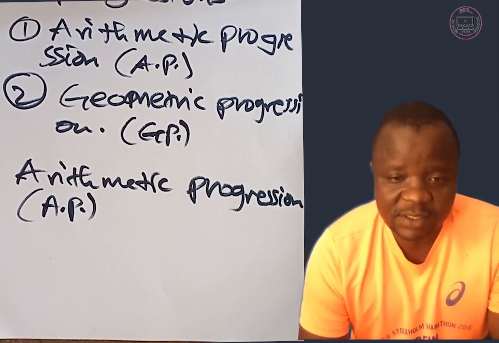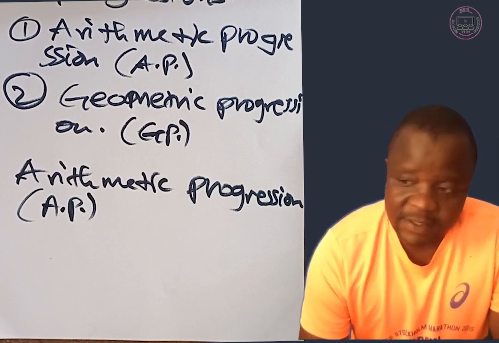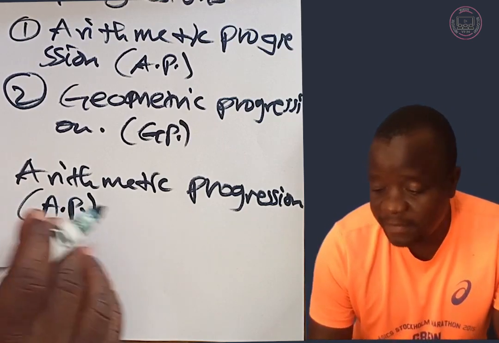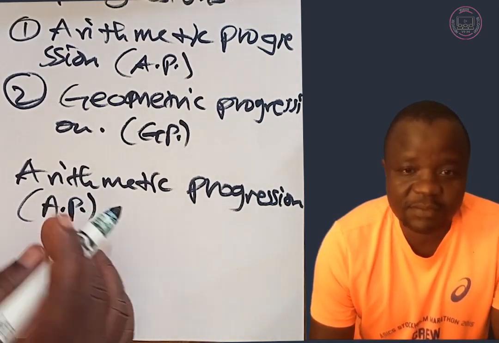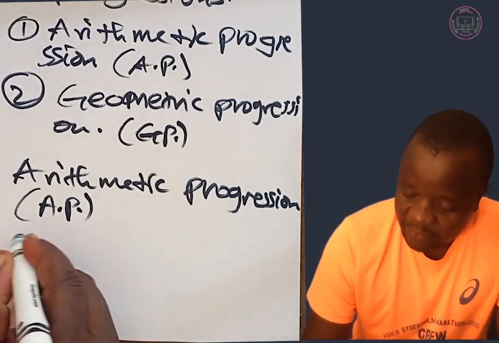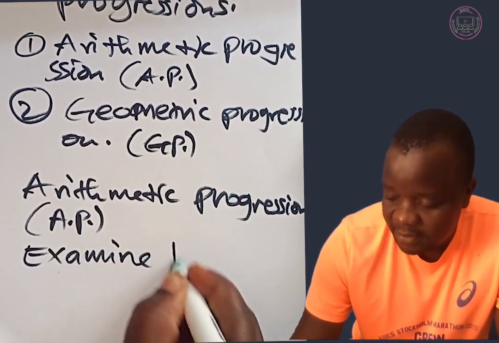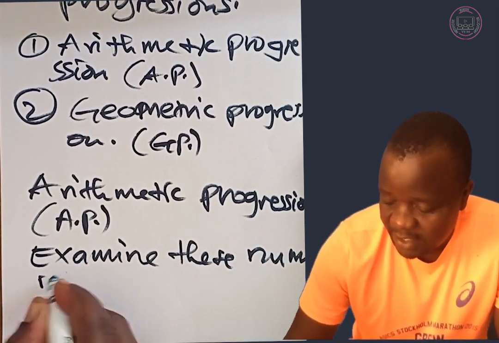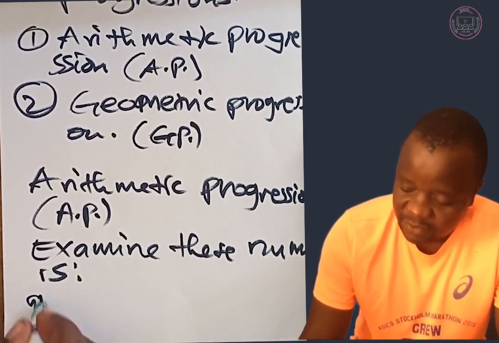We have a sequence, where you have a flow of numbers that are separated by commas. But now we need to understand what is meant by arithmetic progression. So basically, we have to examine, for example, these numbers, where we have sequences.